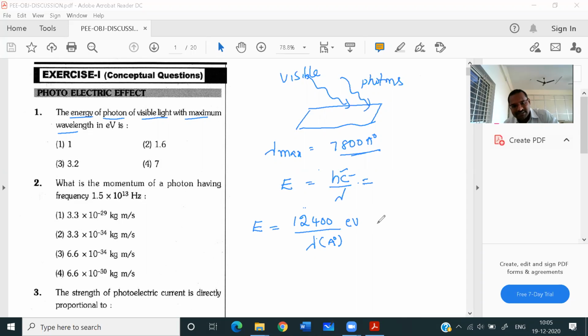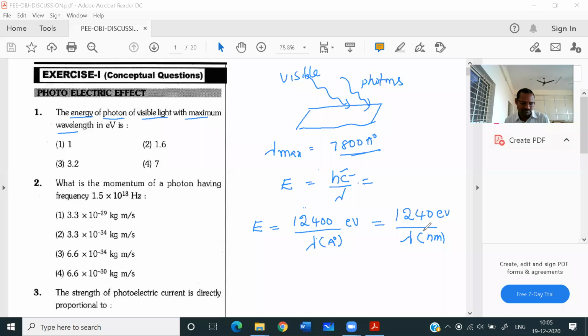Or else it can also be written as 1240 electron volt when the wavelength is taken in nanometers. Clear, students?